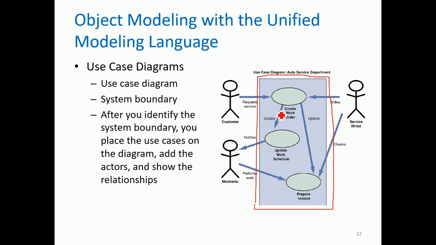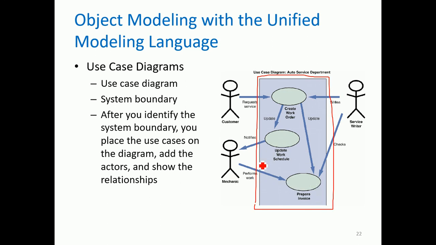So for example, your use case is create work order. How does the customer relate to or affect the create work order? The customer requests service, and then the service writer writes the work order. After that, the create work order will update the update work schedule and the prepare invoice.